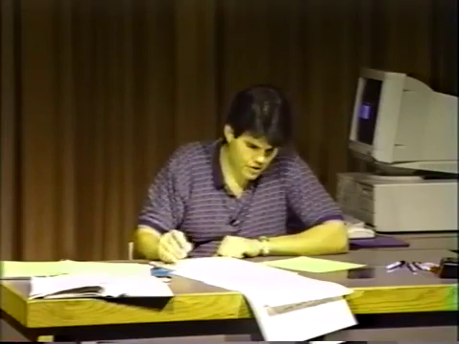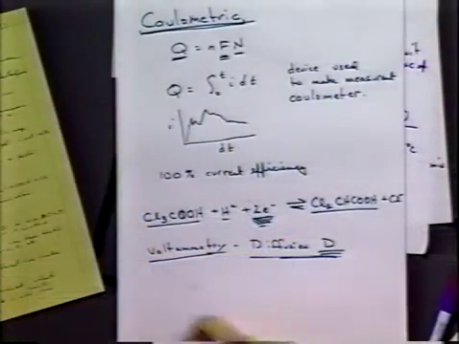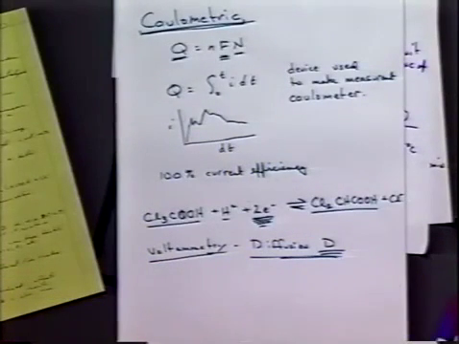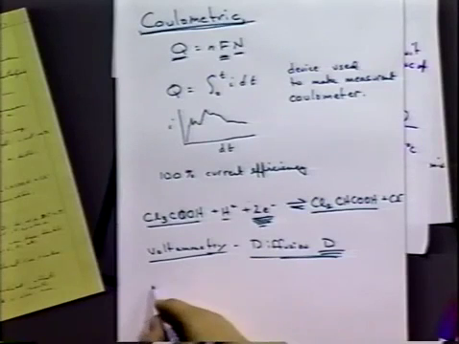Now, one problem with coulometry and voltammetry, too, that can sometimes be a disconnect between the two processes, is that coulometry and voltammetry often occur at vastly different time scales.